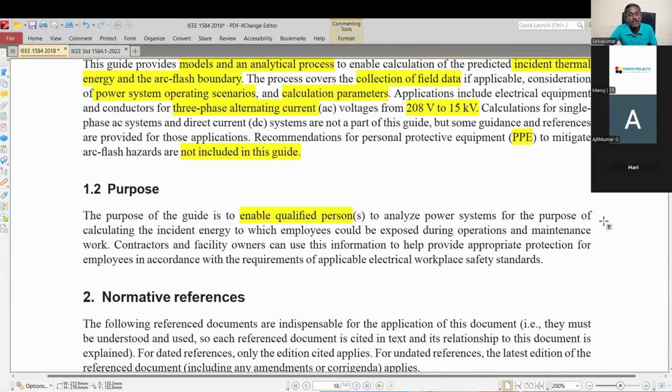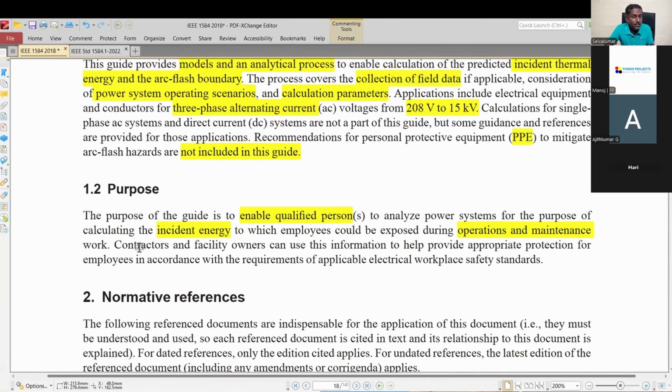To analyze the power system for the purpose of calculating the incident energy to which employees could be exposed during operation and maintenance. So when you are doing operation and maintenance in your system, what's the incident energy which the employees are exposed to? That's what the standard talks about.